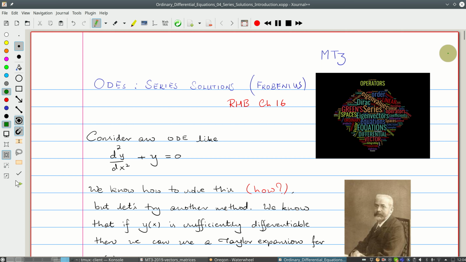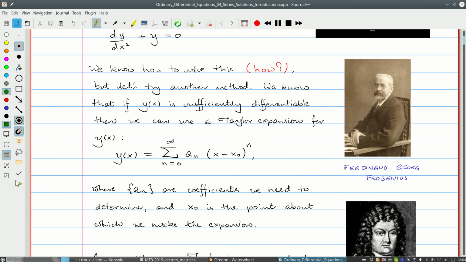We're going to try to use a Taylor expansion. Now why? Well, if the solution y is sufficiently differentiable, then we know that we can represent y through a Taylor series. So let's assume that y is written as a Taylor series expanded about x naught.